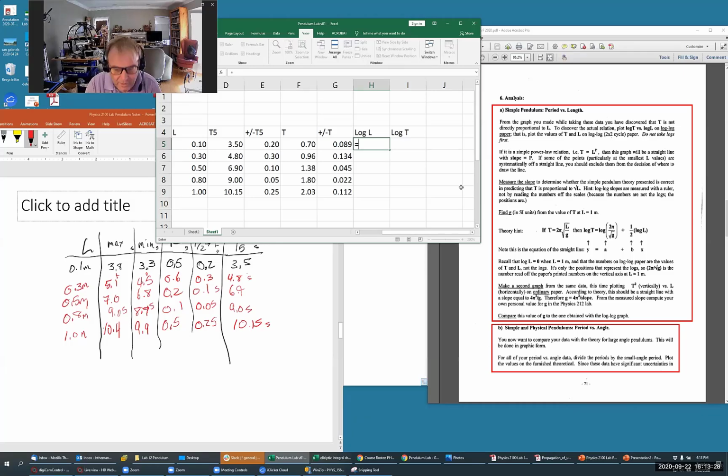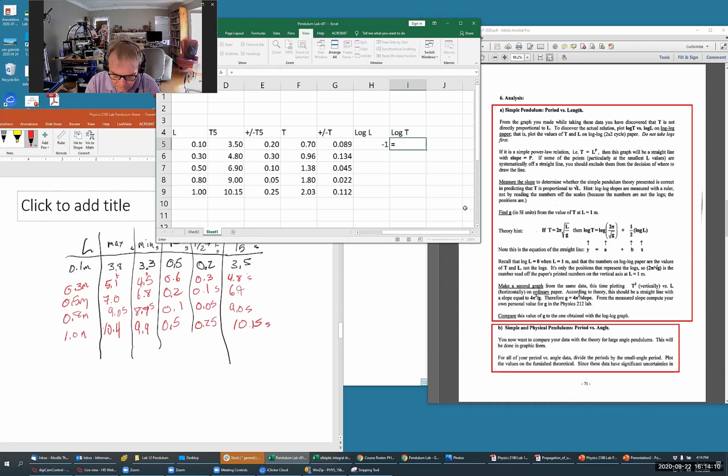So this equals log, we want log 10, right? Log 10 open parentheses of L, enter. And then that makes sense. -1 is the log of 0.1.